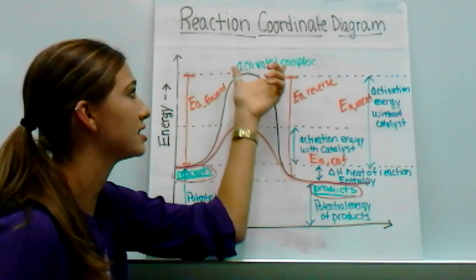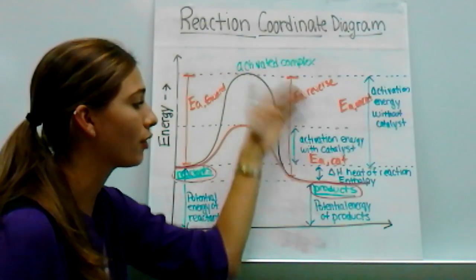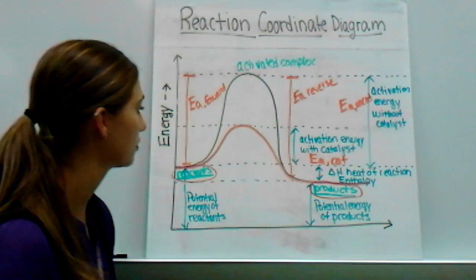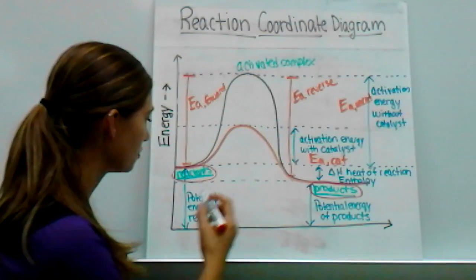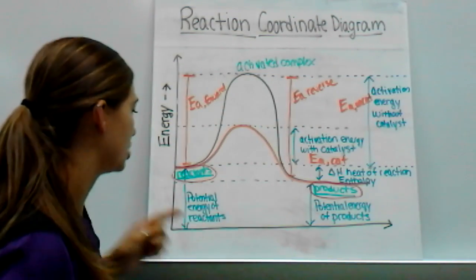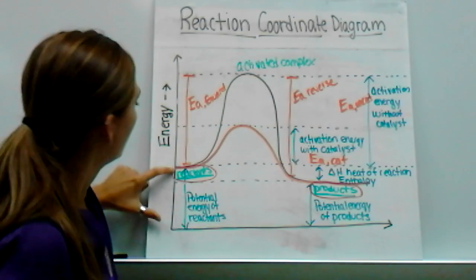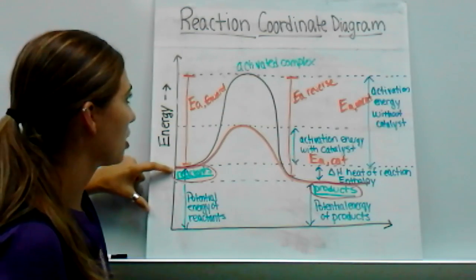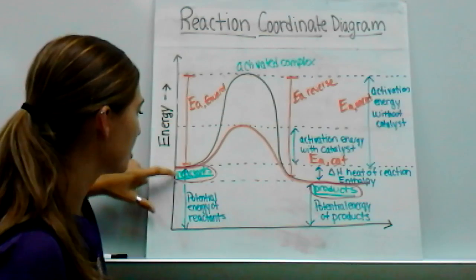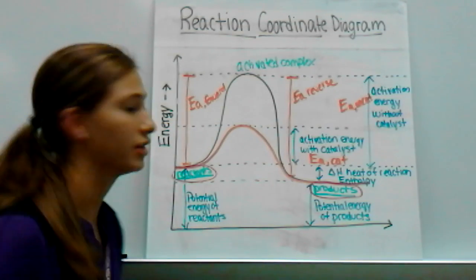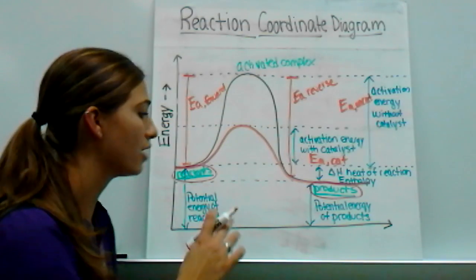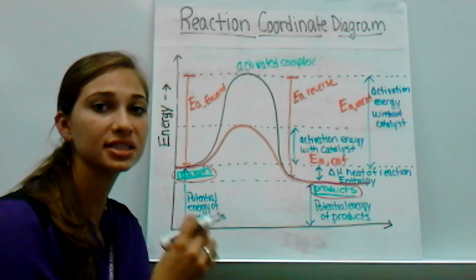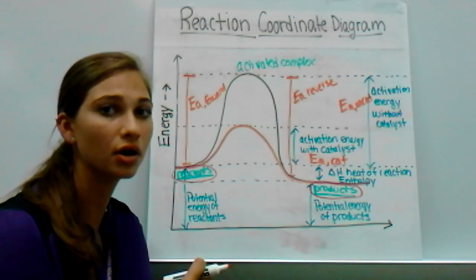It's just a substance that needs to be formed before you can get to your products. The amount of energy that the reactants have before the reaction happens is called the potential energy of the reactants. It's the amount of energy those reactants hold in order to start a reaction.